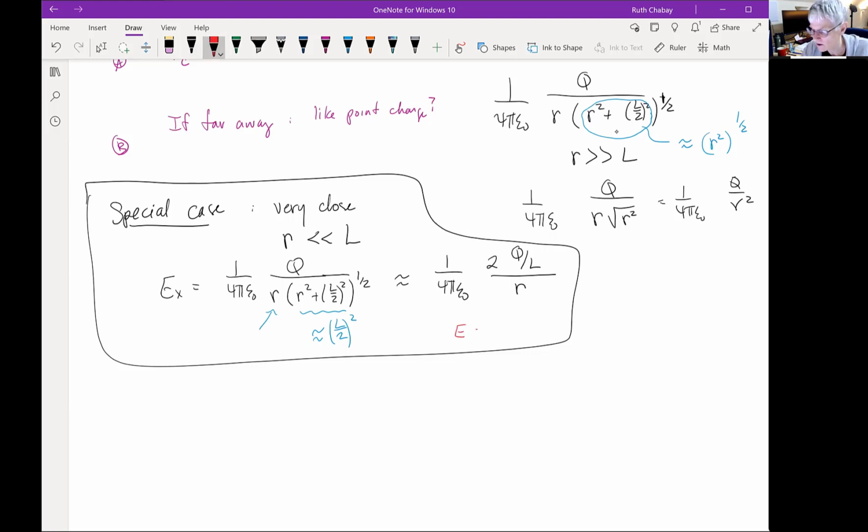So E is proportional to 1 over R. Not 1 over R squared, not 1 over R cubed, but 1 over R if we're close to the rod.